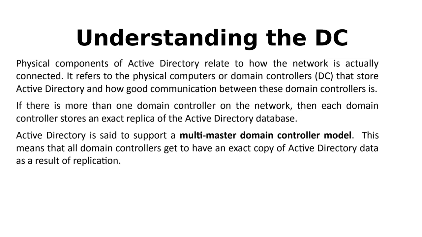Replica means replication, a copy, an updated copy. Active Directory can support a multi-master domain controller model. This means that all domain controllers get to have an exact copy of Active Directory data as a result of replication.